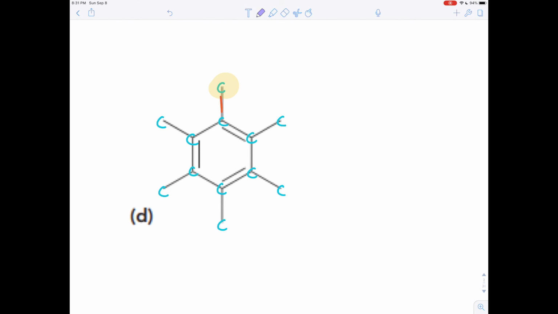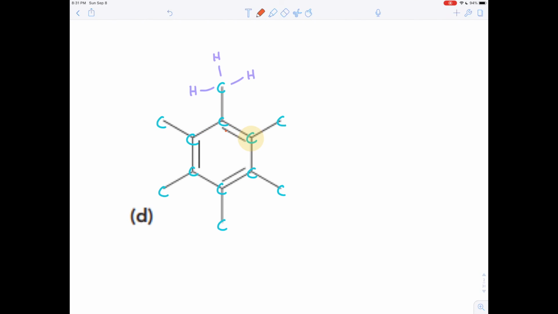So this carbon at the top only has 1 bond drawn. That means it has 3 other implied bonds to hydrogens to give it a total of 4 bonds around it. Next carbon down, this carbon has 1, 2, 3, 4 bonds drawn to it. So it already has 4 bonds, so it must have no hydrogens on it.